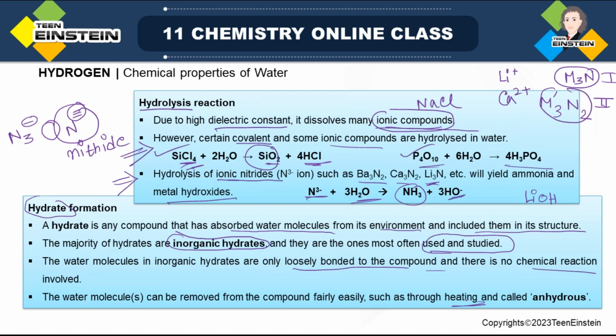Now how many water molecules will be removed? That may depend on the temperature and it may vary from compound to compound. Once all the water molecules are removed, you can call the inorganic compound anhydrous. But when it is with the water molecules, it is the hydrated form.